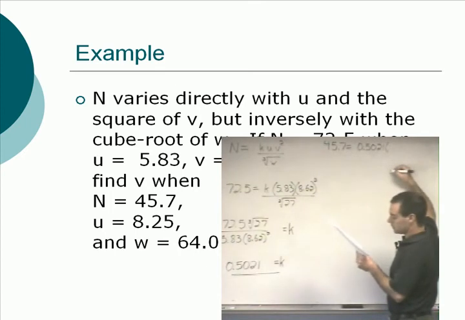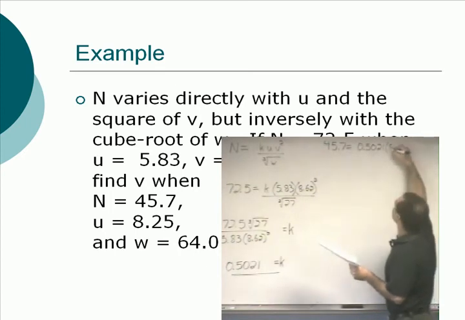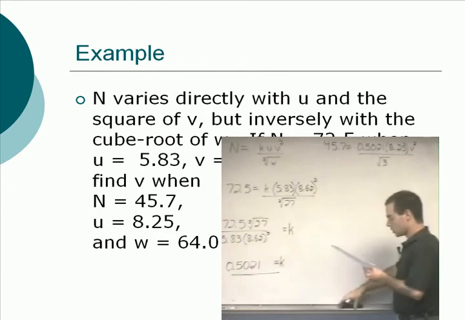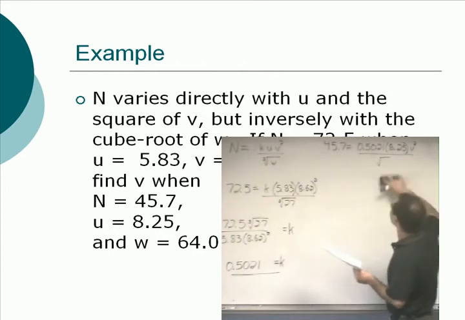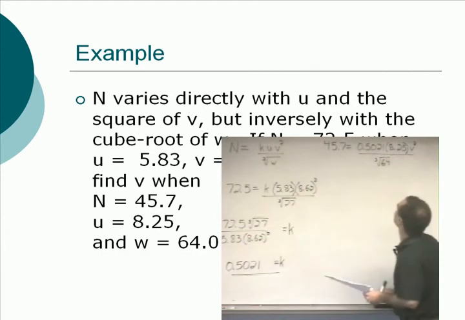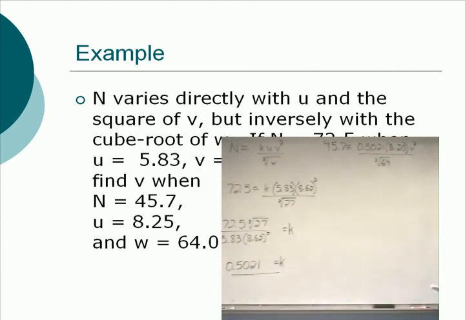U equals 8.25, times V squared over the cube root of 64. Solve for V squared.